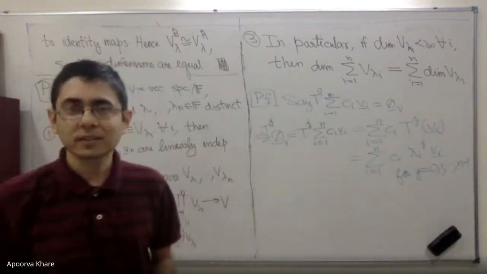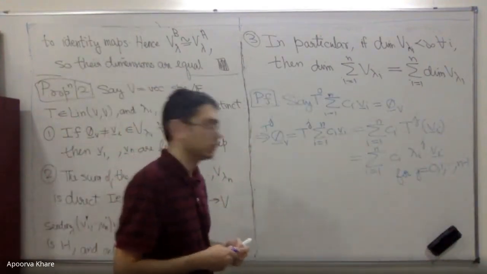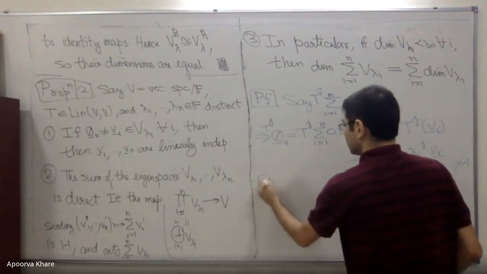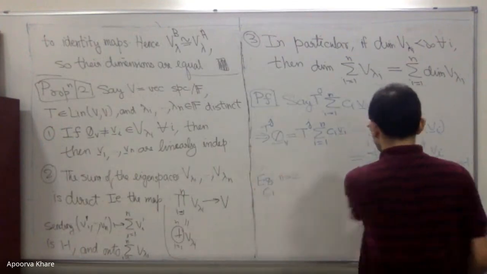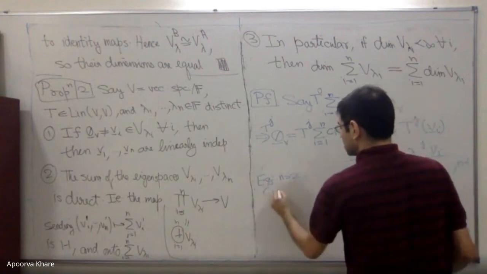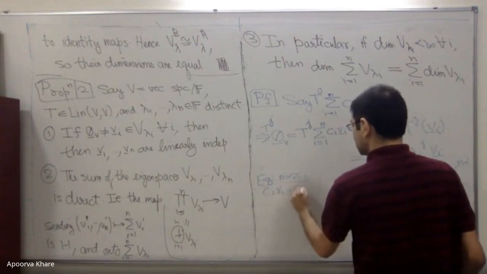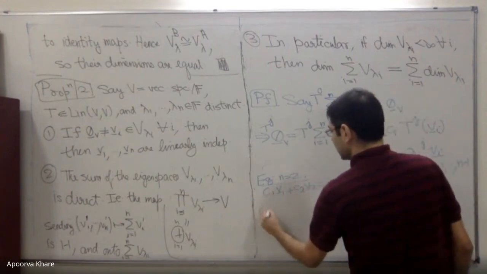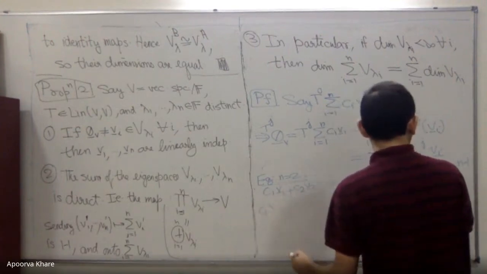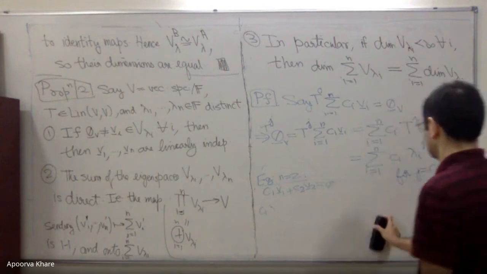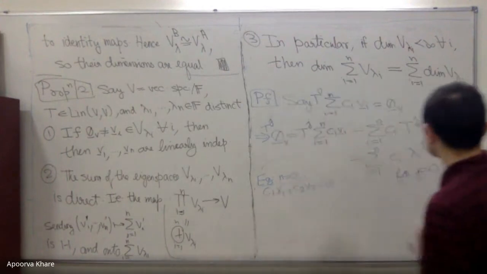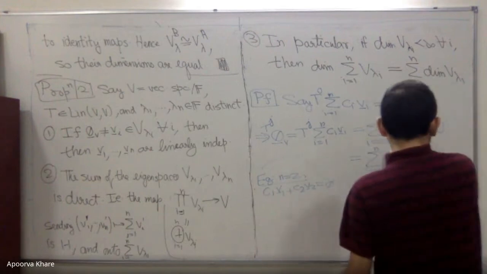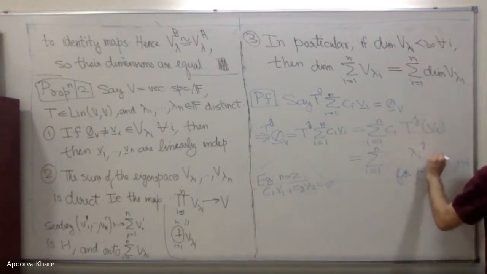Okay, so let me now show you what happens for 2 by 2, so n equals 2. C1 V1 plus C2 V2 equals 0. And then what I'm going to do is take the Ci inside and the lambda outside.